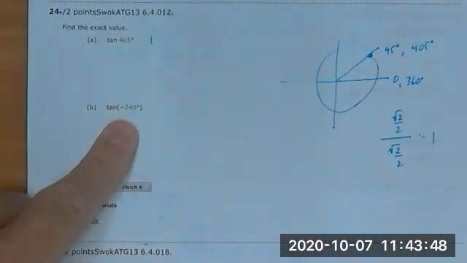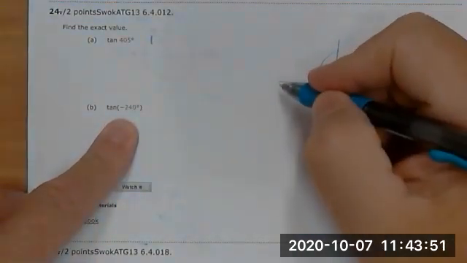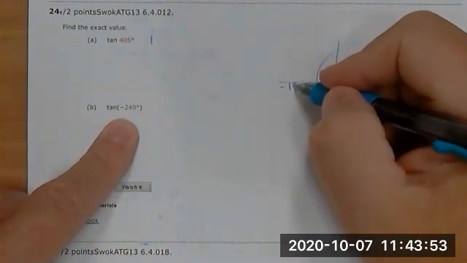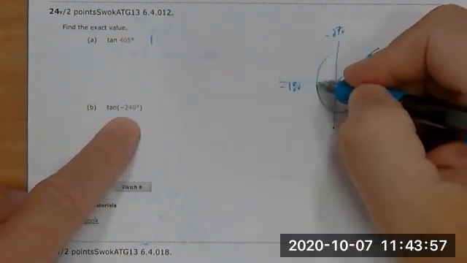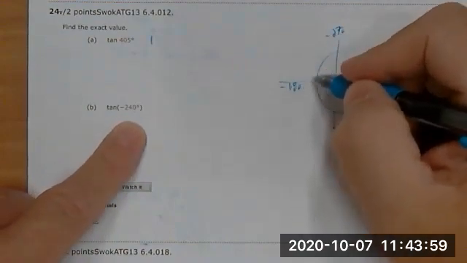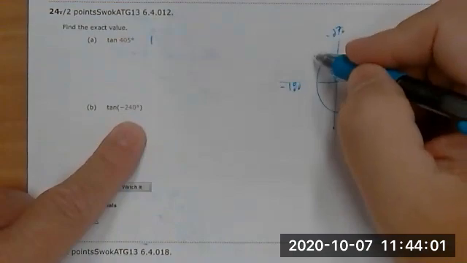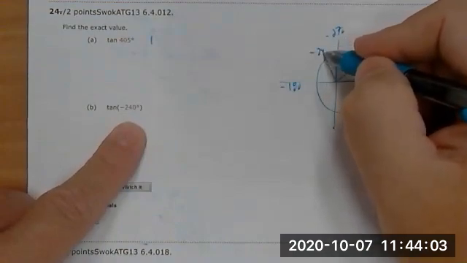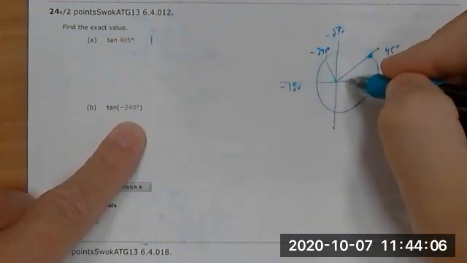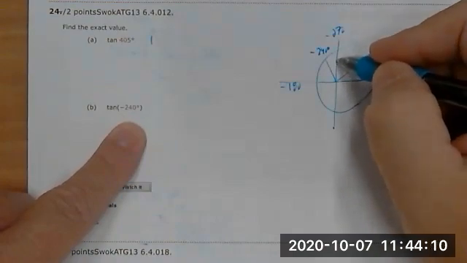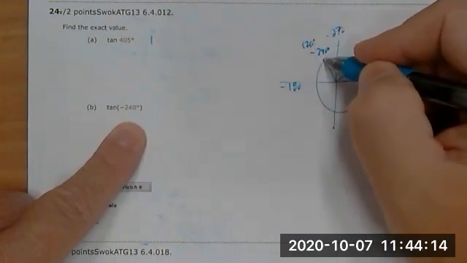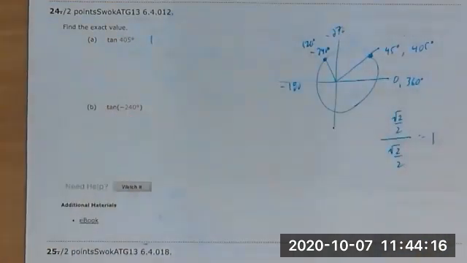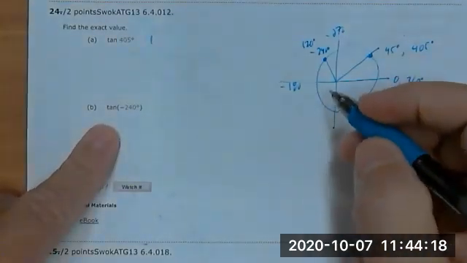Tangent negative 240. So going in a negative direction, I know this would be negative 180. This would be negative 270. I'm going to go 60 degrees past 180. This is actually the same with the positive 90 plus 30. This is the same as 120 degrees. It means I'm right here, this angle. And the tangent.